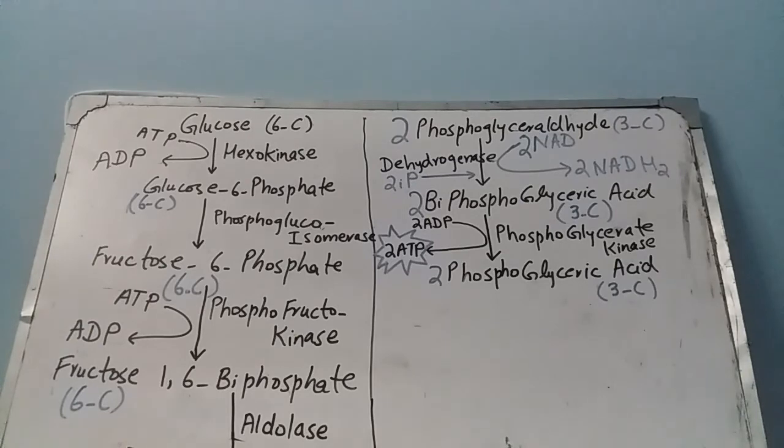In the biphosphoglyceric acid, there are two phosphate groups, while in the phosphoglyceric acid, a single phosphate group is present. The second phosphate group goes to the ADP, which is now converted into ATP. So it's the first step in which energy is produced. It's the energy harvesting step, and 2 ADP are converted into 2 ATP. So here 2 ATPs are formed.